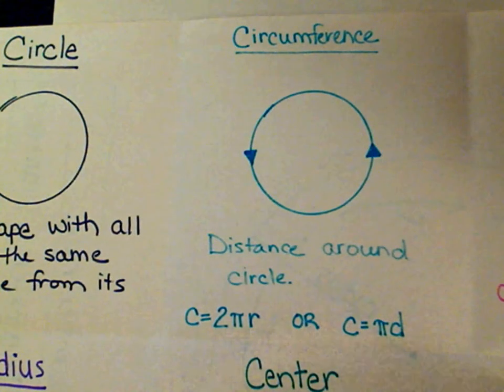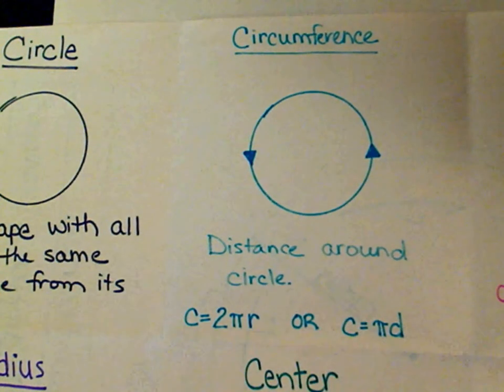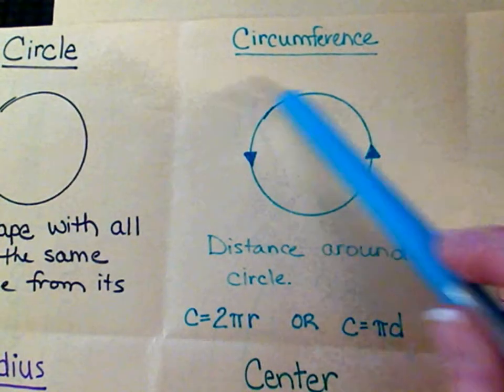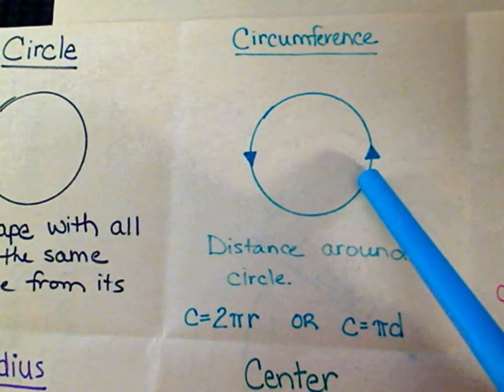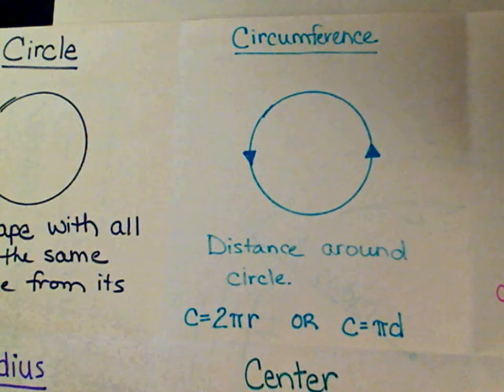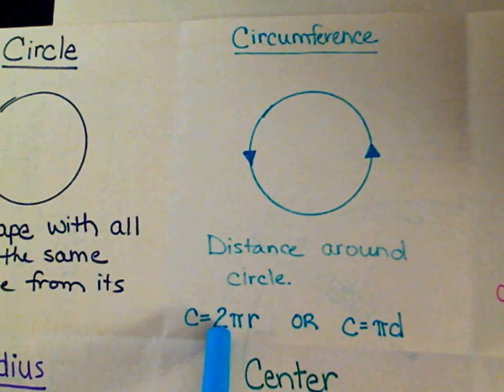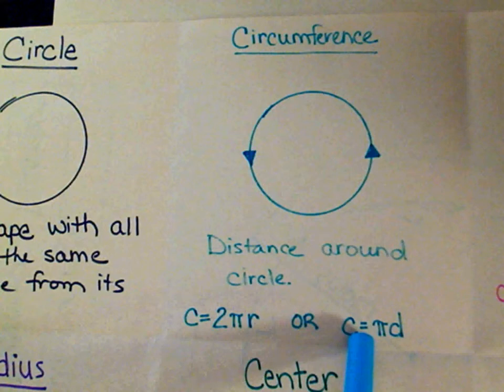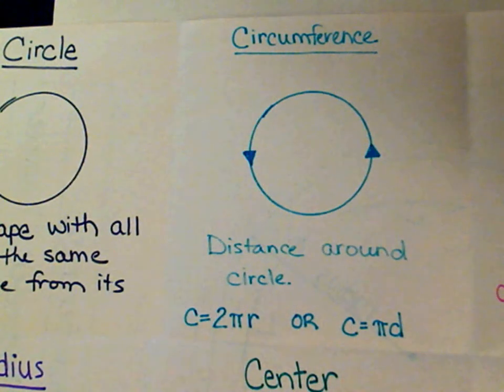Then we moved over to another part of our circle, which is called circumference. Circumference is the distance around the circle, the part of the edge or the rim, the outside. And when we are talking about circumference, we think about a math problem in how to find circumference, and we are going to use formulas to do so.